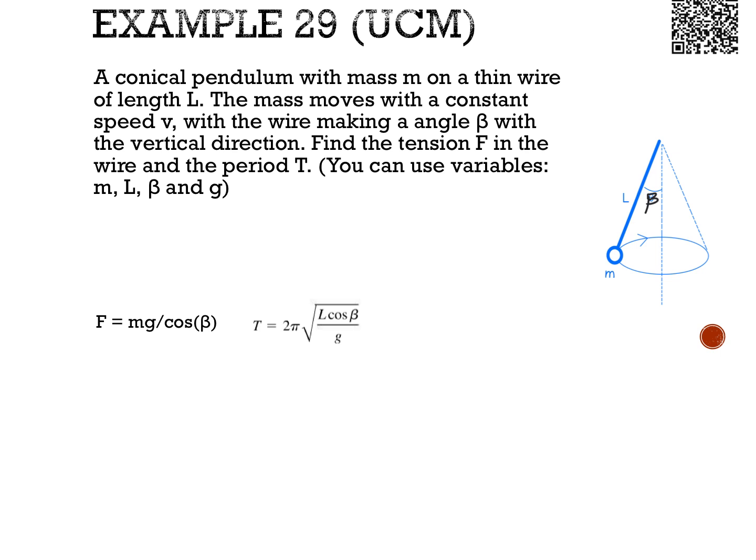Okay? So for tension F, is equal to what? All right, force of tension. I just wrote that backwards. So for the tension in the wire, what do we know? We know that we're using m, L, beta, and g.